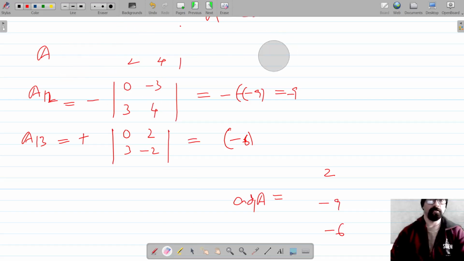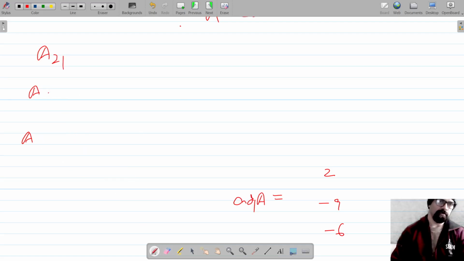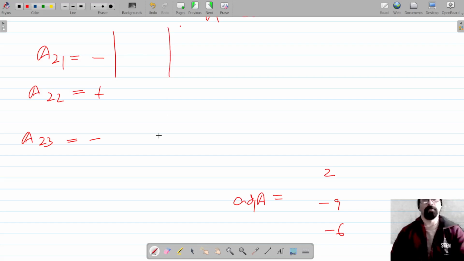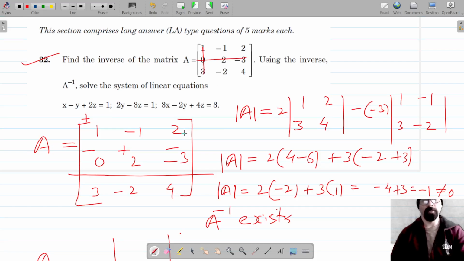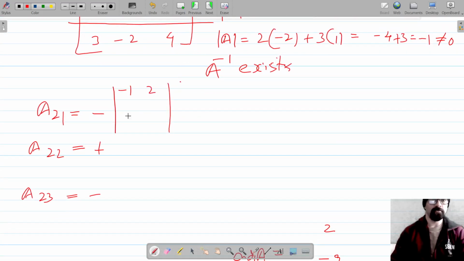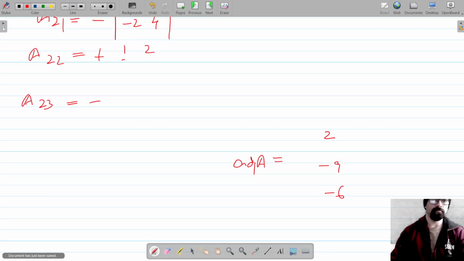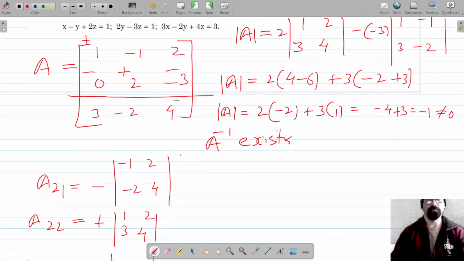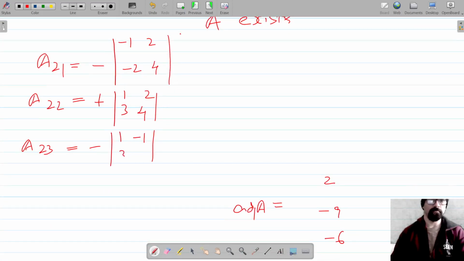Similarly, we can get the cofactors for the second row. 2 plus 1 is 3, odd, so negative, then positive, then negative. Removing the row and column for each element gives [-1, 2; -2, 4], [1, 2; 3, 4], and [1, -1; 3, -2].